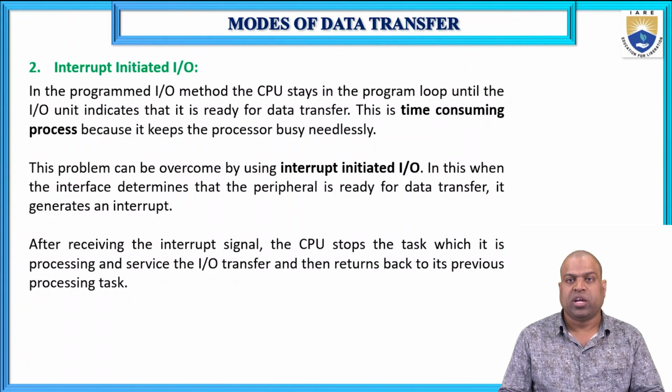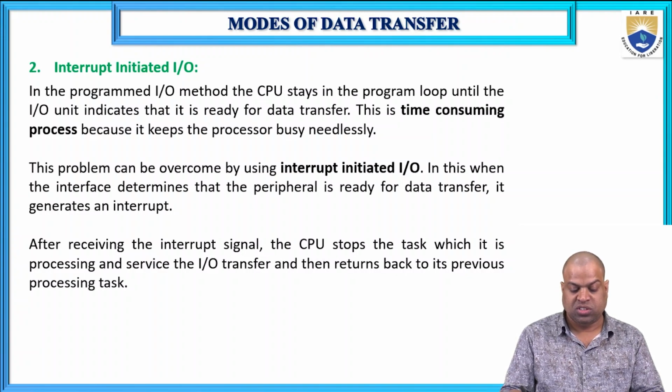This problem can be overcome by using interrupt initiated input output. In this, when the interface determines that the peripheral is ready for data transfer, it generates an interrupt. After receiving the interrupt signal, the CPU stops the task it is processing, services the input output transfer, and then returns back to its previous processing task.